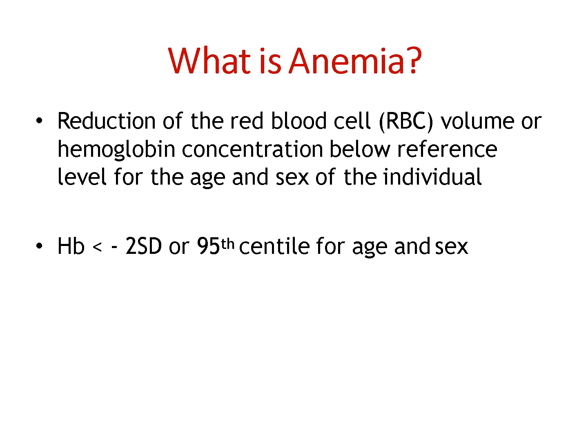Anemia is reduction of the red blood cell, that is RBC volume, or hemoglobin concentration below reference level for the age and sex of the individual. Another very important definition is hemoglobin less than -2 standard deviation or 95th centile for age and sex.